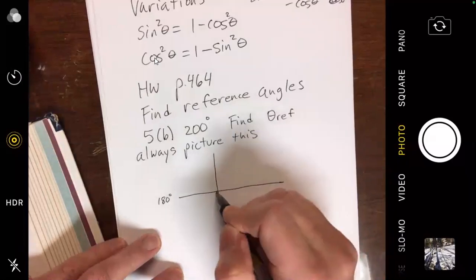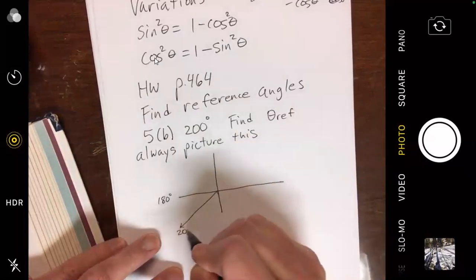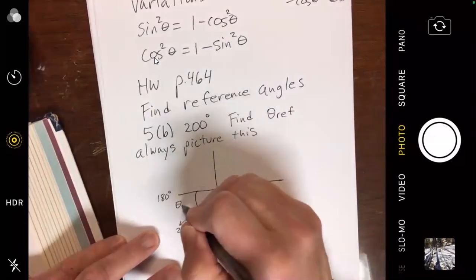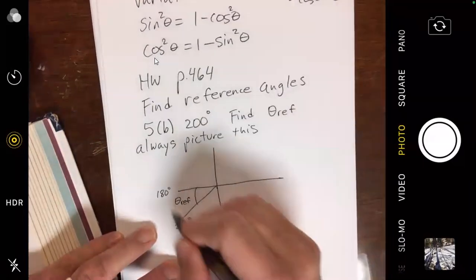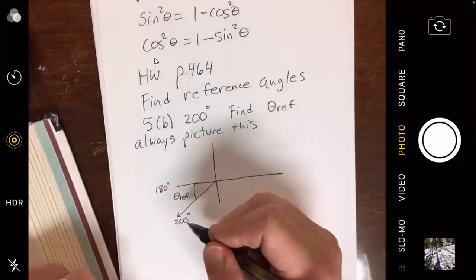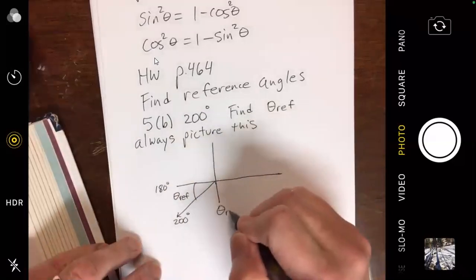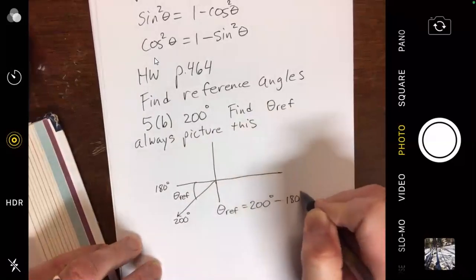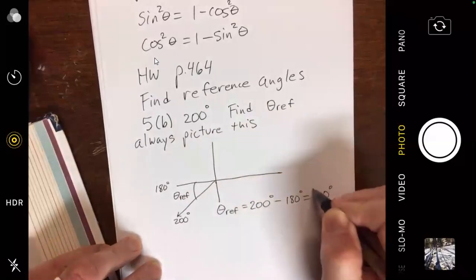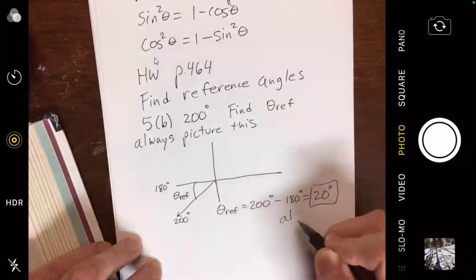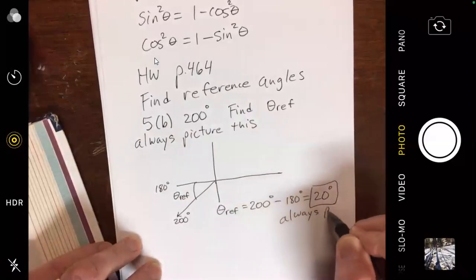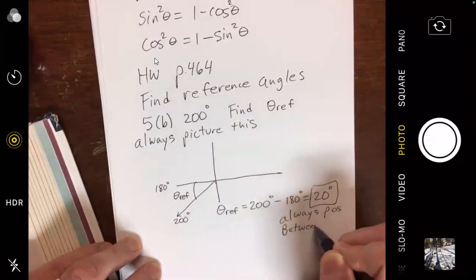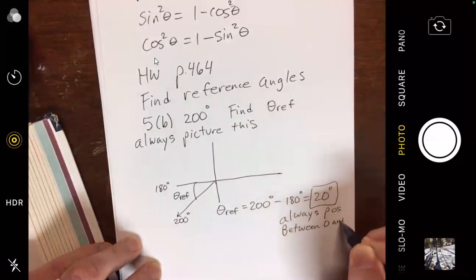So 200 is 20 more. It's bigger than 180. The space back to the x-axis is theta ref. The number's easy enough, you can obviously tell it's 20 degrees, but I'll write it out. It's 200 degrees, subtract 180 degrees, and there you are at 20 degrees. Remember, it is always positive, in between 0 and 90.